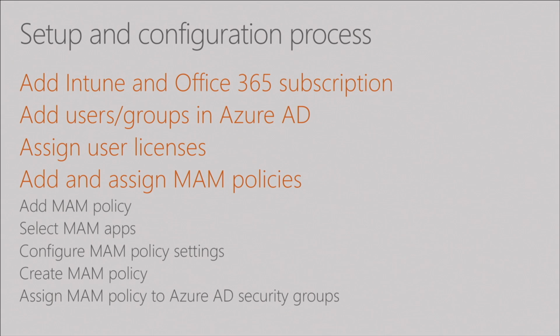These are settings that Robert's going to go through, but it's basically determining what the behavior of the application is related to data leakage prevention and access as an example. So once that MAM policy is created, you're going to assign the MAM policy to an Azure AD security group. You'll start to see this terminology of assignment, very similar to what we would say we're deploying it. So we assign that policy to the Azure AD group, and then we're ready to go.